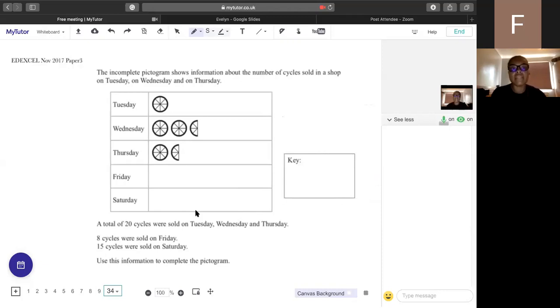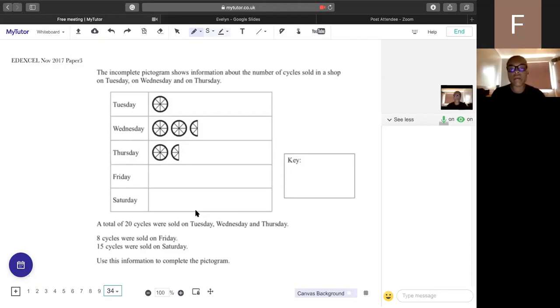So here we have an incomplete pictogram which shows information about the number of cycles sold in the shop on Tuesday, Wednesday, and on Thursday. Now, it says that a total of 20 cycles were sold on Tuesday, Wednesday, and Thursday altogether. 8 cycles were sold on Friday, and 15 cycles were sold on Saturday. So use this information to complete the pictogram.